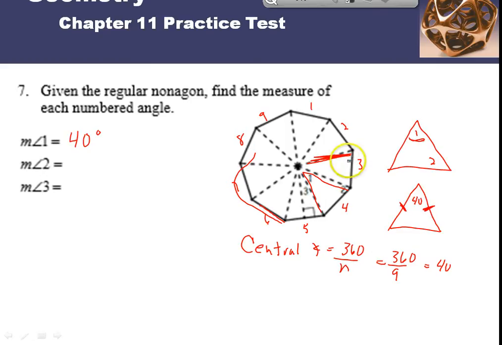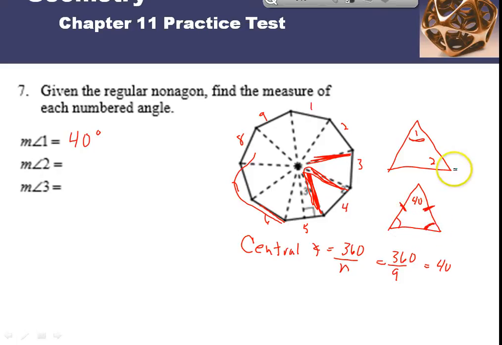And we have a theorem that says all the radii are equal. So that means that this side right here is equal to this side right here, which means that these two angles right here have to be equal.